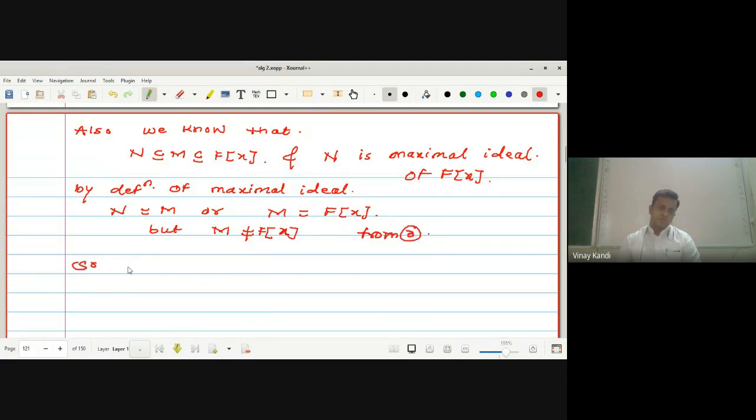Okay, so we must have N is equal to M, which is generated by the element P of x. Okay, so this implies M is generated by an element P of x. Okay, any doubt up to here?